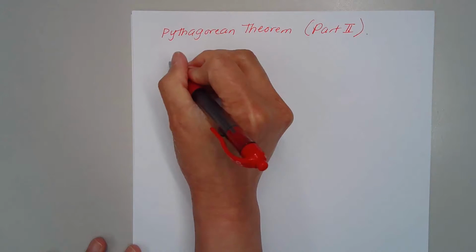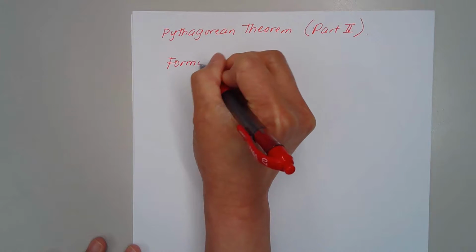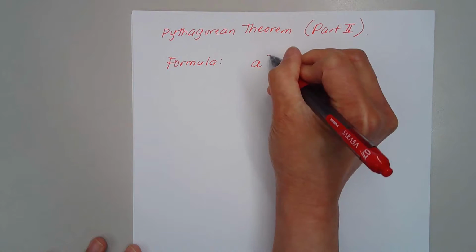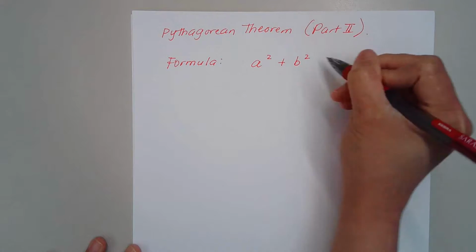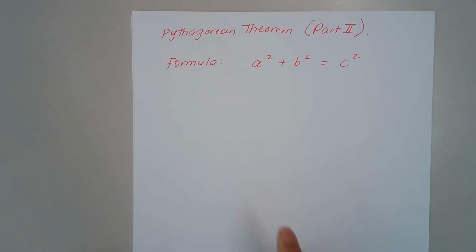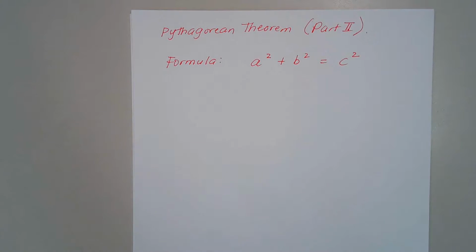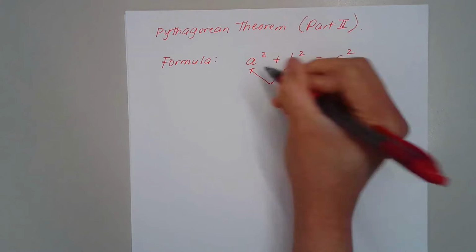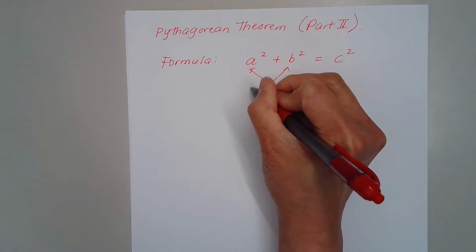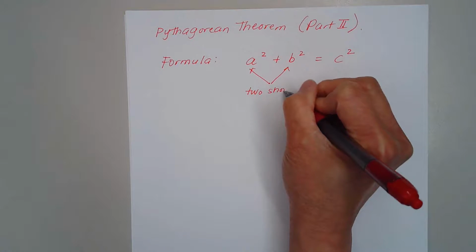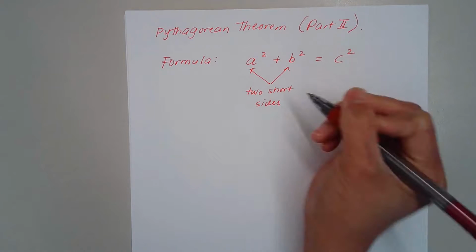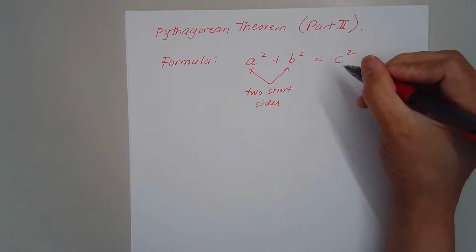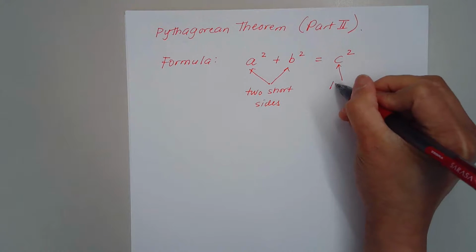So here's the formula that we're going to be using. Formula is a squared plus b squared equals c squared. Now the a and the b, yesterday we said that the a and the b are the two short sides, the length of them. And then the c is the longest side.